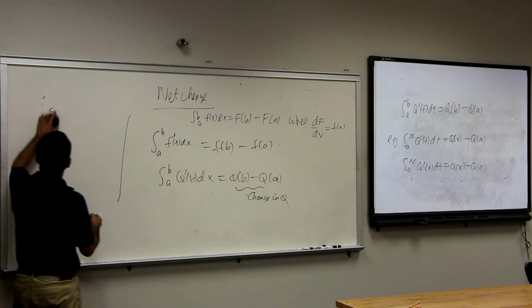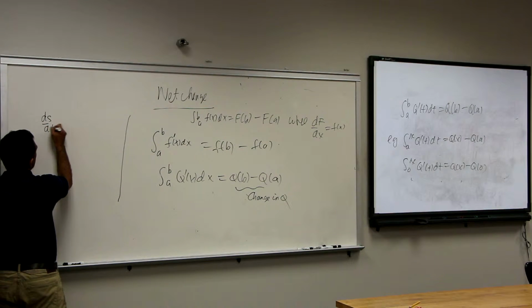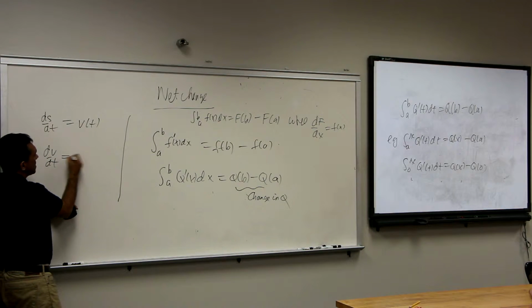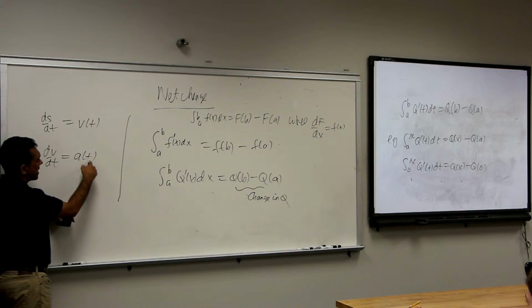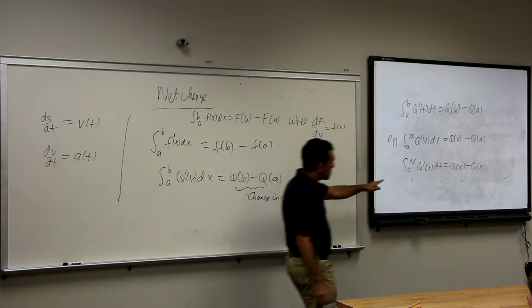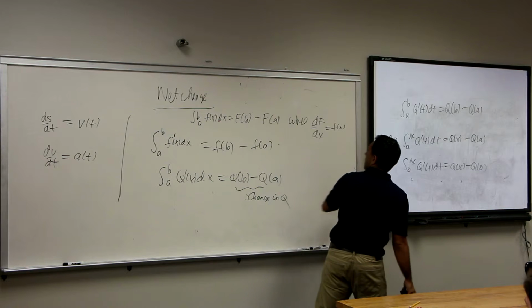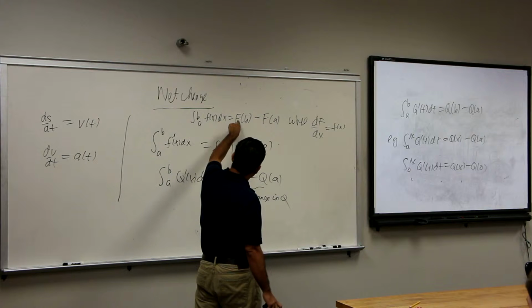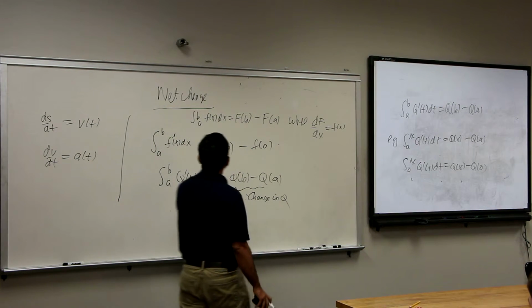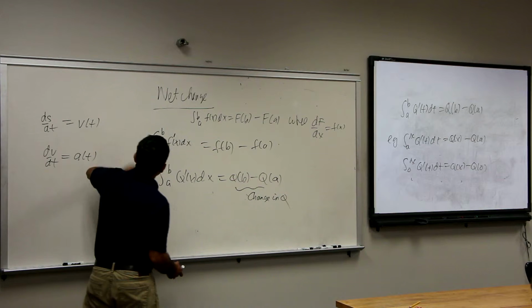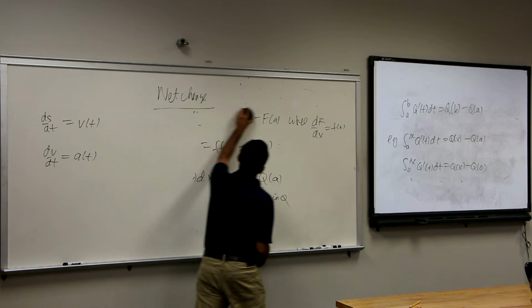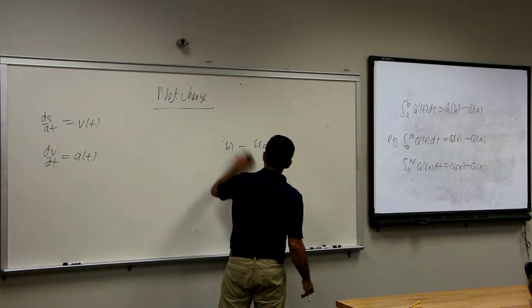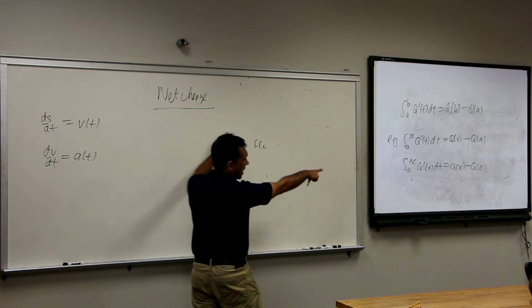Now you know that ds by dt is v of t, and dv by dt is a of t. So if you integrate a of t, you will get v of t. Let me do that.